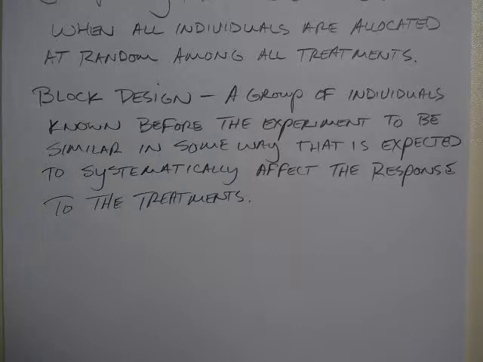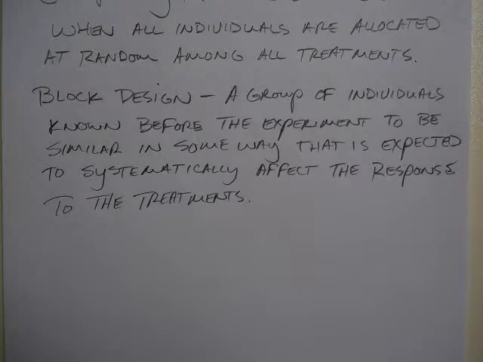Then when we do our test, we might consider blocking with our new drug. We might consider blocking males and females so that we're looking at a randomly selected group of females and a randomly selected group of males, probably with the same sort of numbers of selection, so that when we get done with our results, we can say, here's what we found about the females, and here's what we found out about the males.